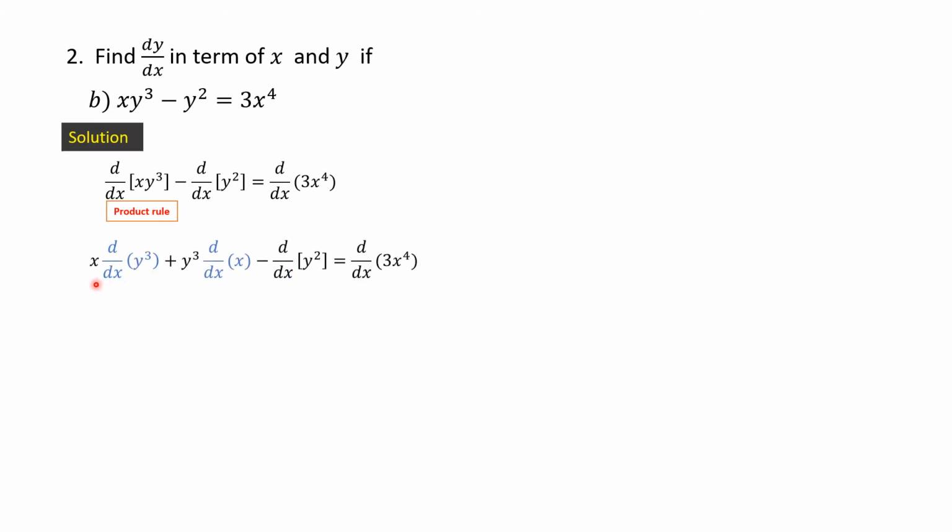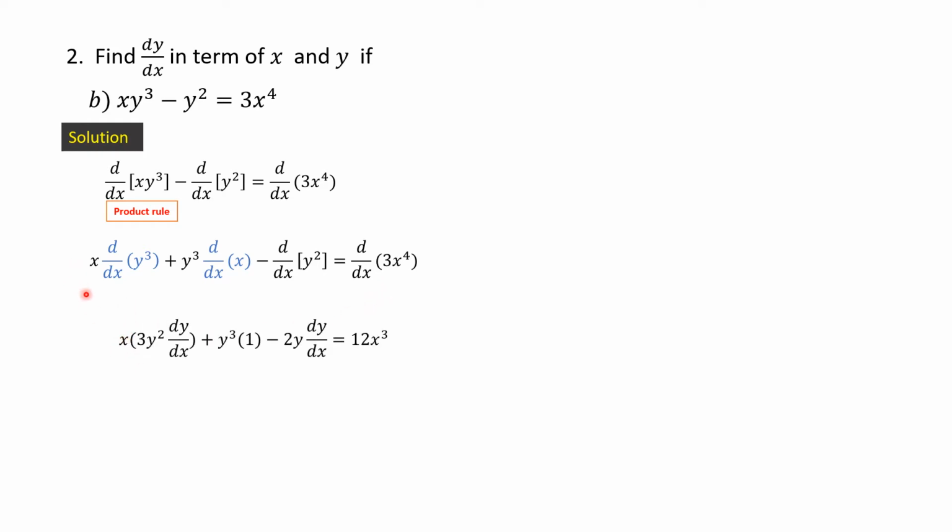So keep x, differentiate y cube with respect to x, plus keep y cube, differentiate x. This is the product rule. Minus differentiate y square with respect to x, and then differentiate 3x power 4 with respect to x.